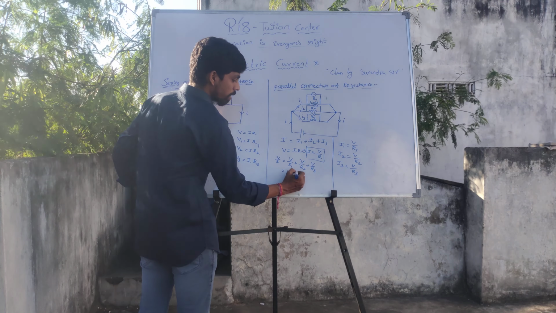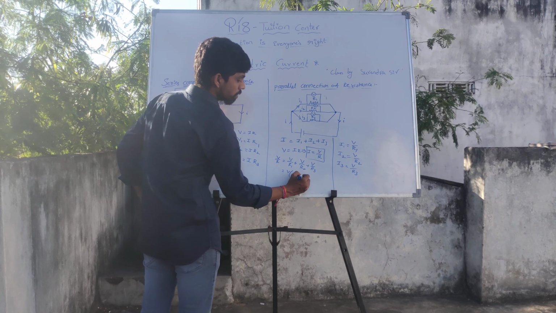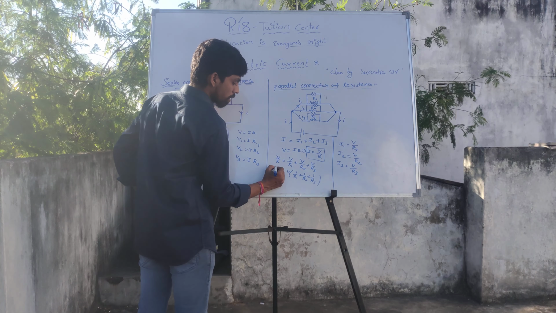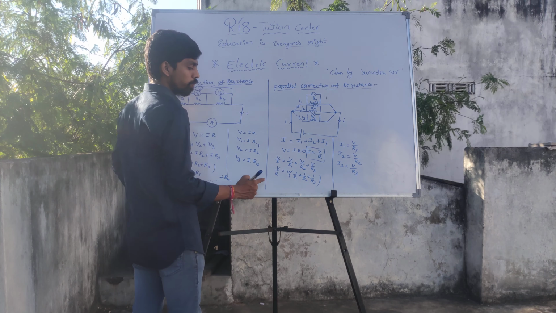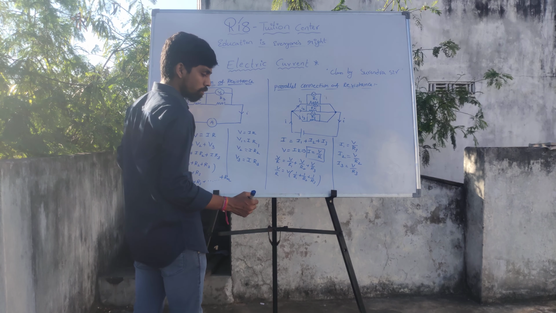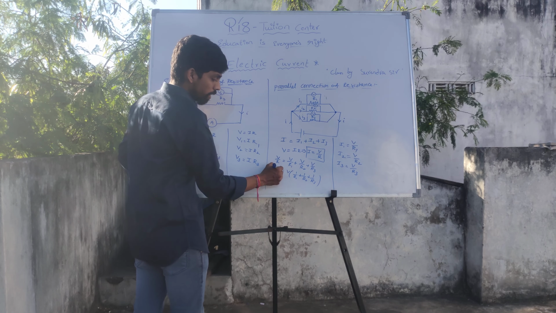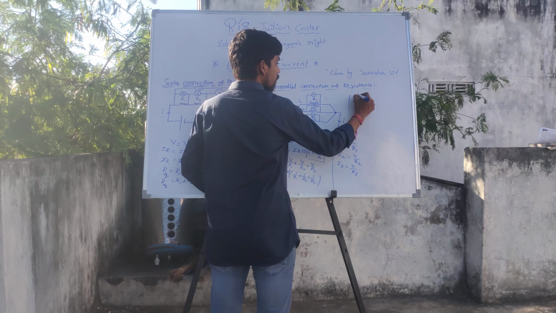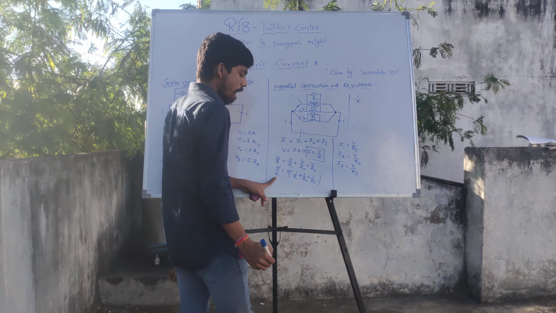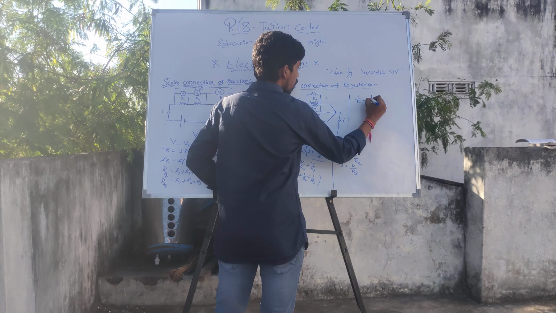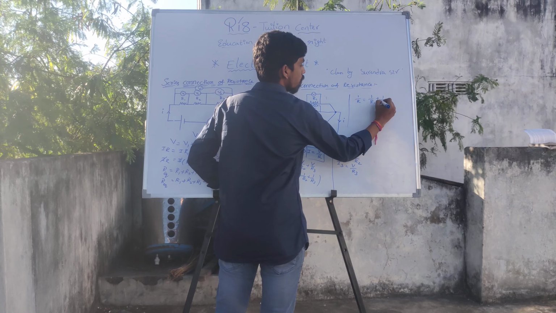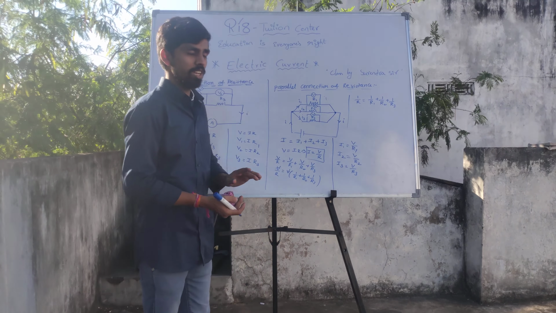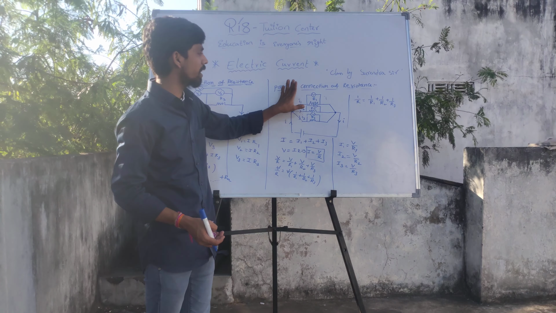Take it as common: V by R equals V into 1 by R1 plus 1 by R2 plus 1 by R3. V cancels on both sides. The resultant value is 1 by R equals 1 by R1 plus 1 by R2 plus 1 by R3, for three resistances connected in parallel.